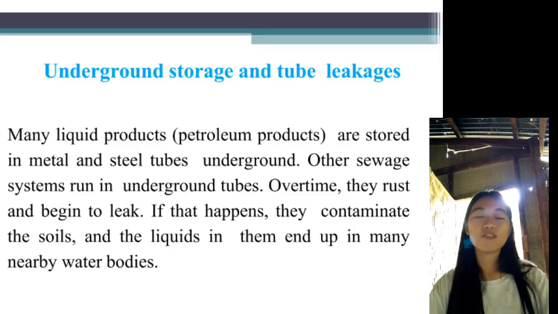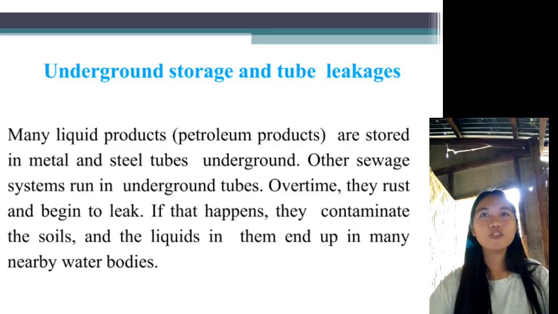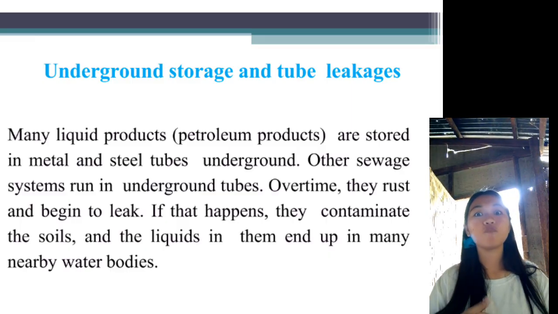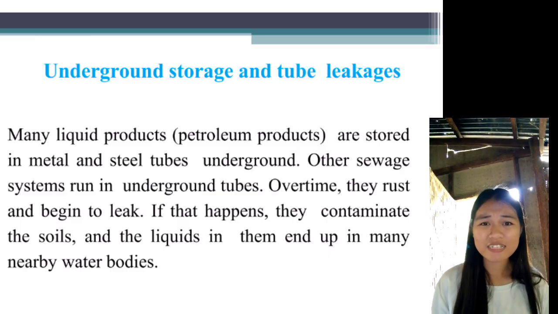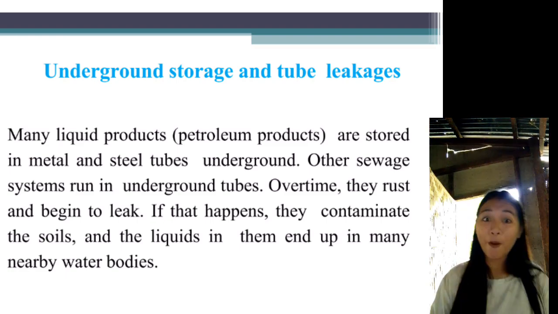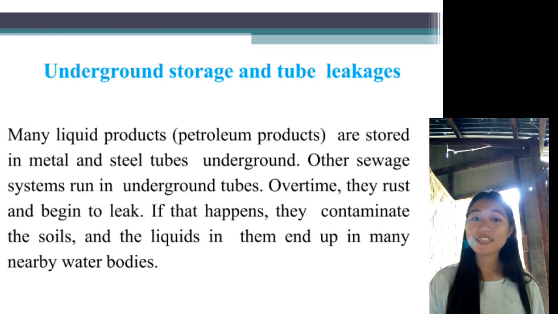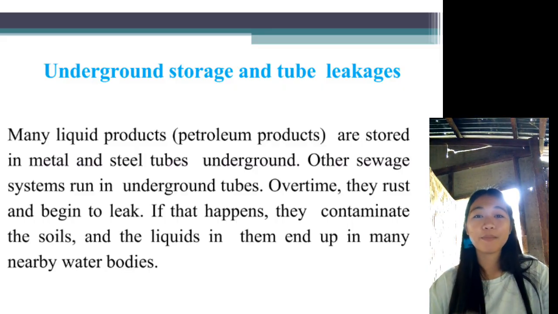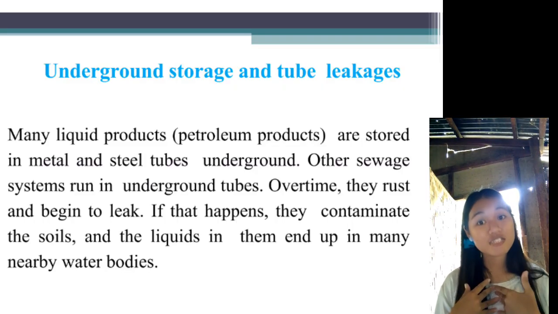So we can see there are many types of water pollution. There are a lot of sources. Whether point or non-point, the point here is that it's not good for the water cycle. It disrupts the balance and greatly affects us too.